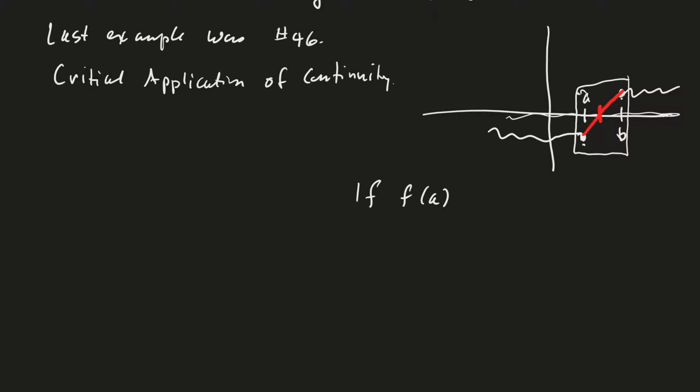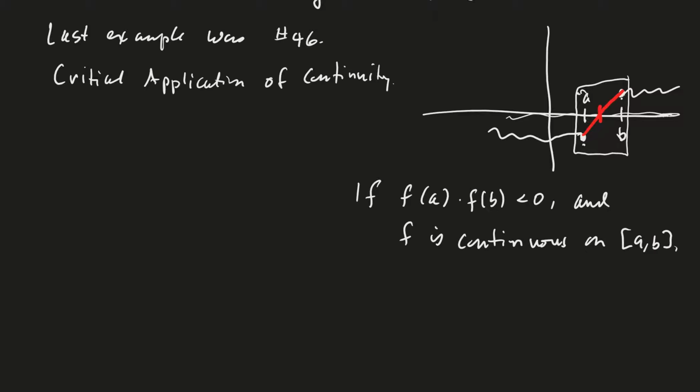And so I'm going to say if f of a times f of b is less than 0, so they're different in sign, and f is continuous on the interval from a to b, then there is a value of c on the x-axis such that f of c is equal to 0. Okay, this is really an important theorem.